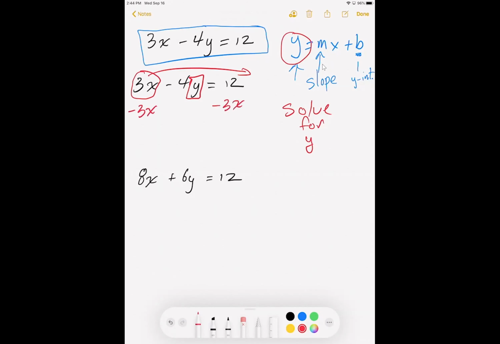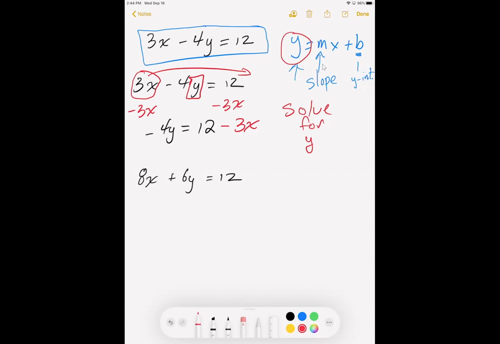Now we have negative 4y equal to, what is 12 minus 3x? Well, it's just 12 minus 3x, because 12 and 3x are unlike terms, and there's nothing I can do.